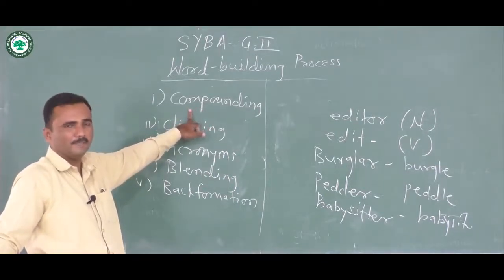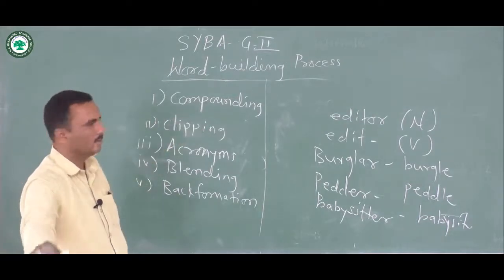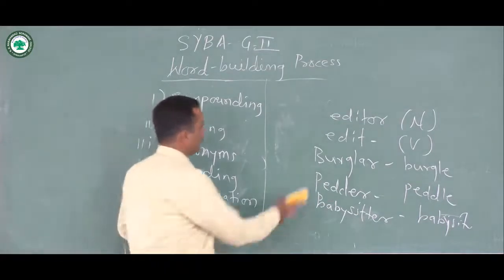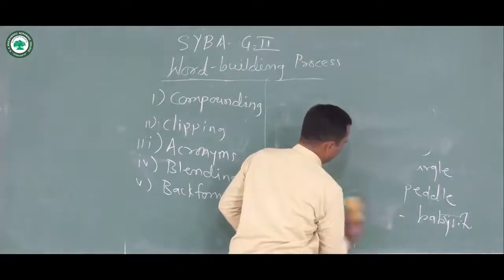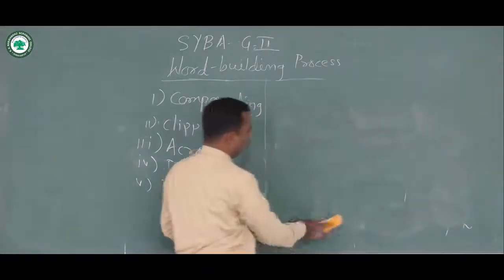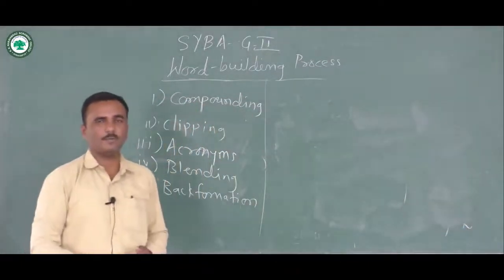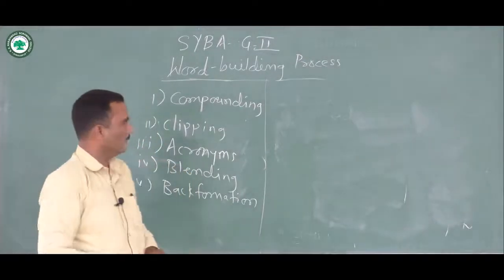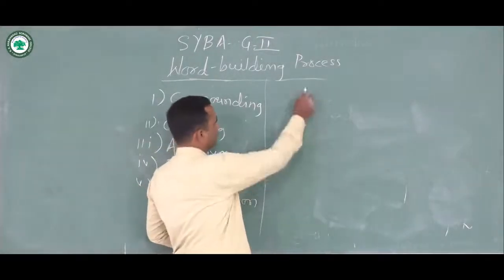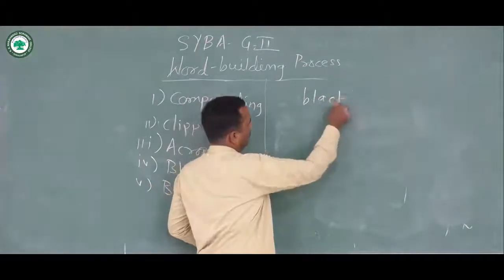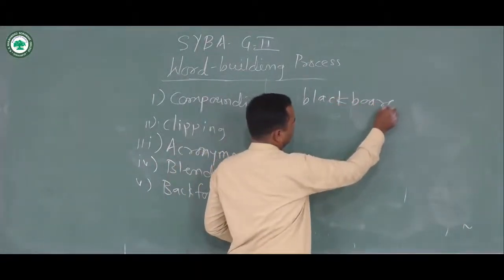In compounding, two words are brought together. Two stems are brought together to form a new word. Compounding is the most common process of word formation. For example, look at the word blackboard.